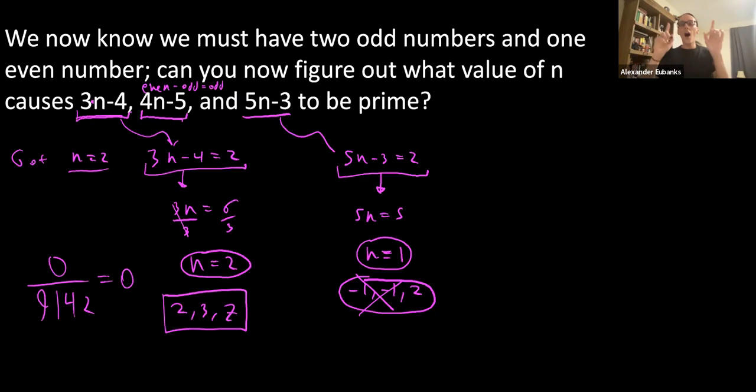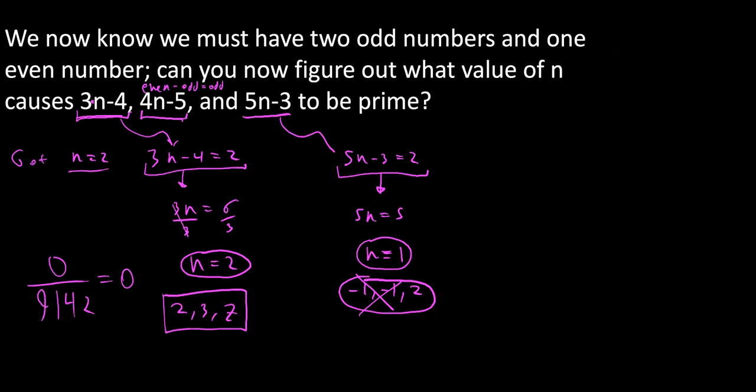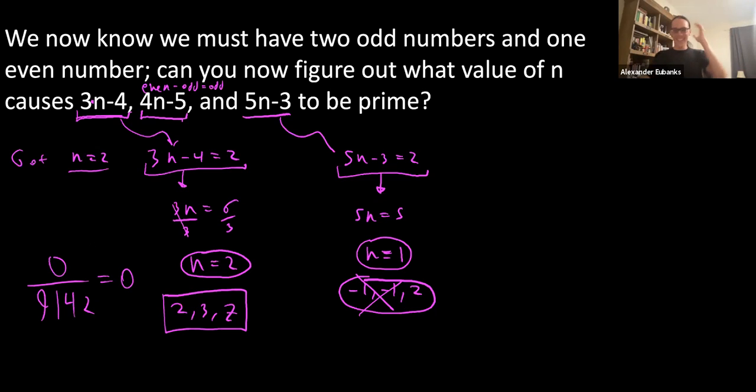So other than 0, 0 is divisible by everyone. So it's the most not prime you could possibly be. I heard someone say it's not divisible by 0. Yeah, I said 0 is divisible by everything except itself. Correct. If you say it that way, it's even more not prime, right?